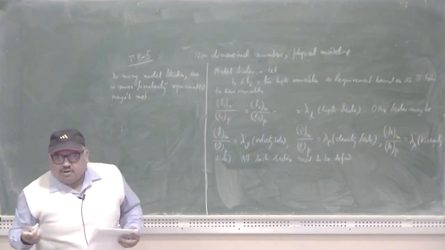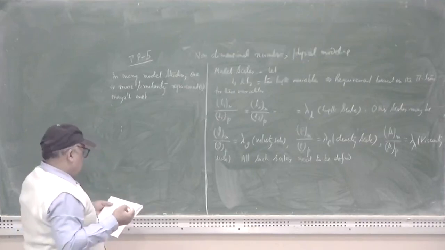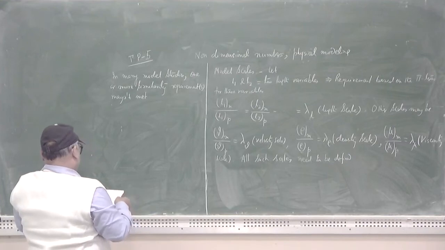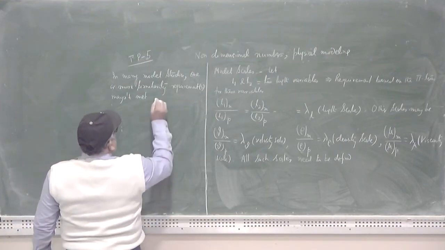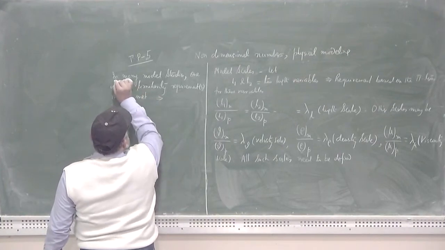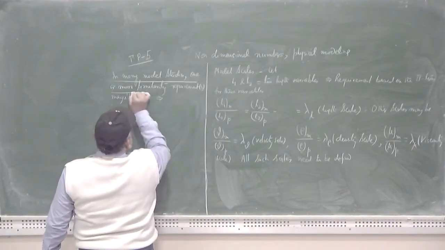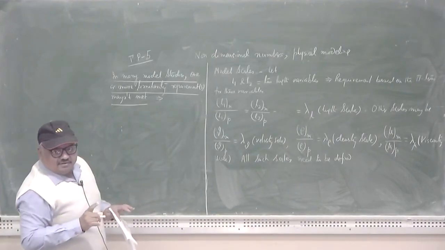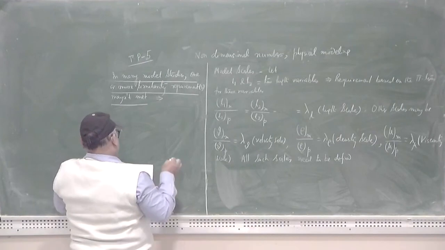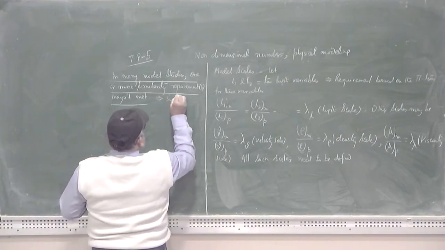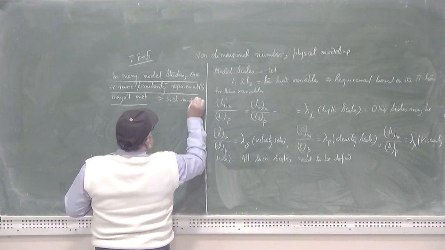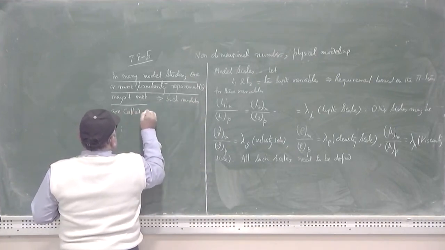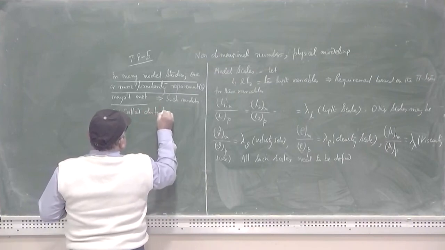That may not be equal with respect to this scale. When this condition persists, that in many model studies one or more similarity requirements may not be met, then such models are called distorted models.